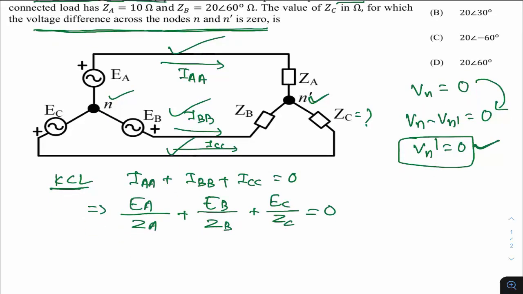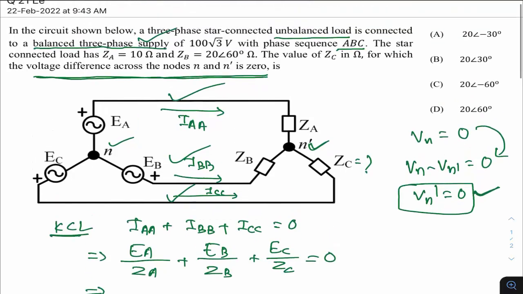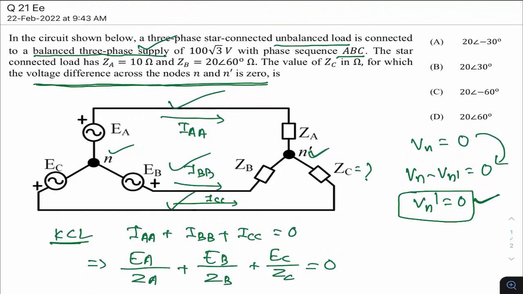Now we have to substitute the values which are being given, and we can accordingly proceed. What is EA? It is 100 root 3, this is what is given, and the sequence is ABC. So let's assume that EA is 100 root 3 at an angle of 0.